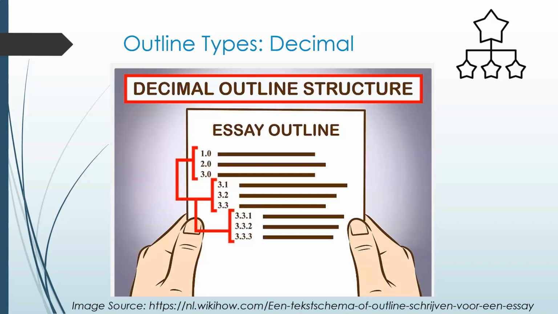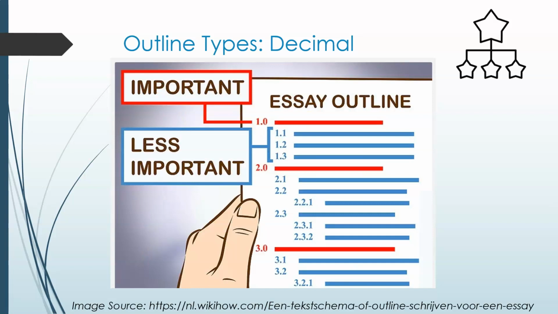The main heading would be noted by a whole number, and each subheading would be noted by a decimal building from that main heading. Like other outline types, decimal outlines show which ideas are more or less central through use of different levels. You also tend to move from the most general ideas at higher levels to more specific ideas at lower levels. This framework saves time and makes for a more organized essay during the drafting process.